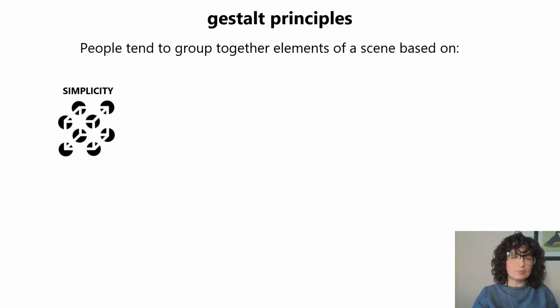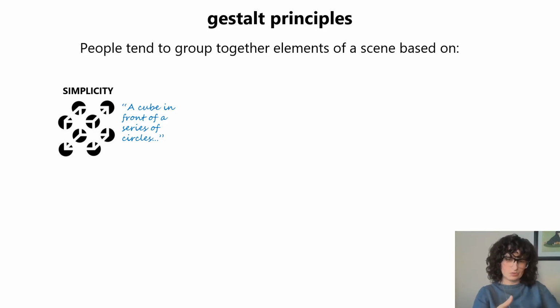So the Gestalt principle of simplicity is essentially we tend to assume the least complicated organization or structure of an image. Here, for example, if you look at this, it looks like a cube that is sort of backgrounded by a series of dots that highlight the intersections.